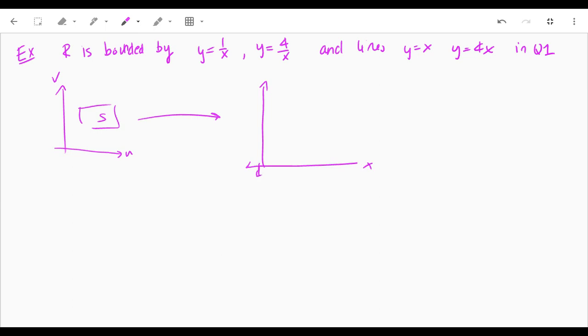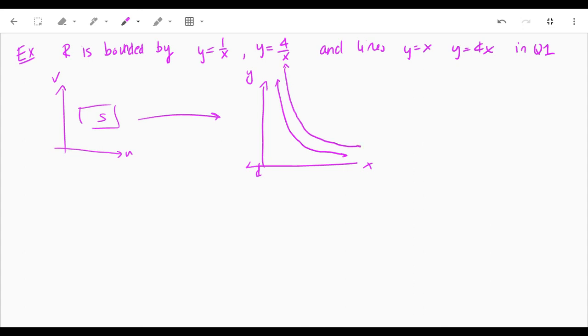Okay, so again, y equals 1 over x. This is going to get a little messy, right? Y equals 1 over x would look like this. Okay, y equals 4 over x is going to be at every point 4 times higher than that, right?